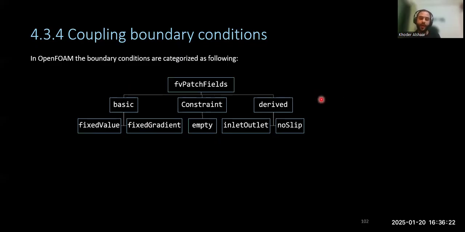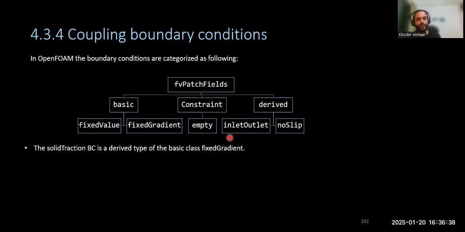And then we have the derived classes, which are basically derived from the basic or constraint boundary conditions, like the no slip boundary condition or inlet outlet boundary condition. As I said, the solid traction boundary condition that we saw earlier, before the modification, is derived from the basic class based on fixed gradient. So it's a fixed gradient boundary condition.